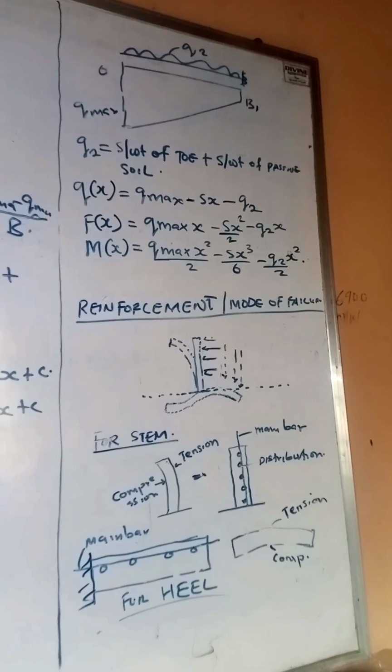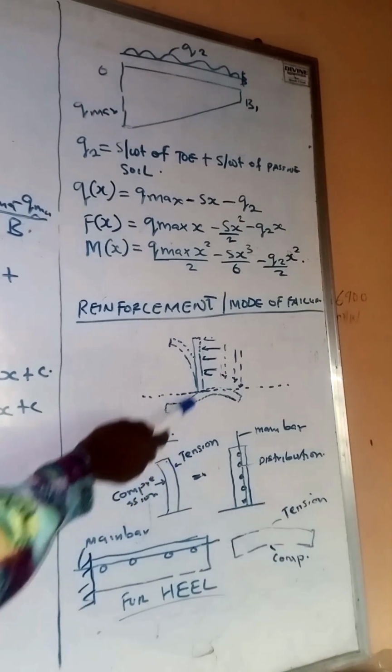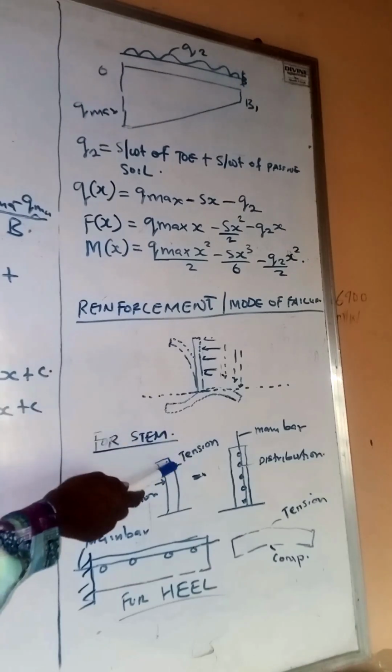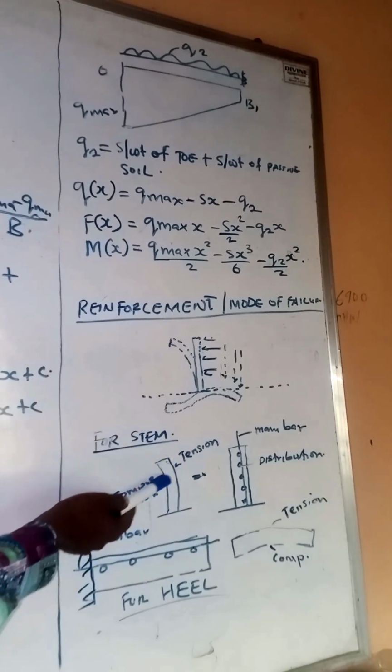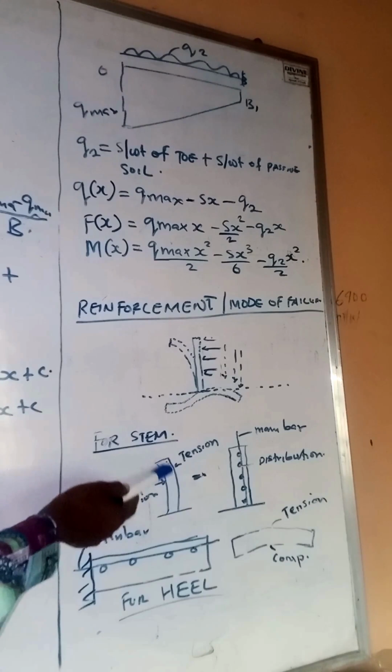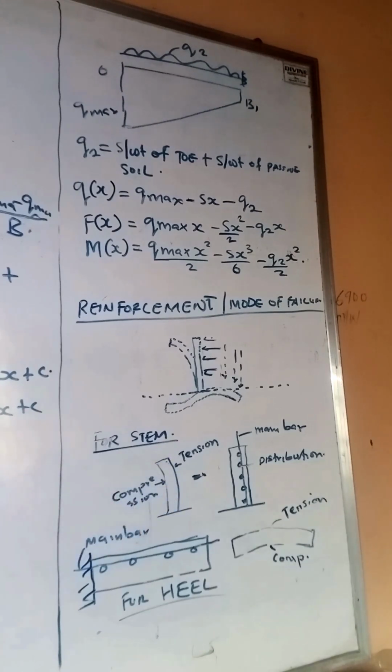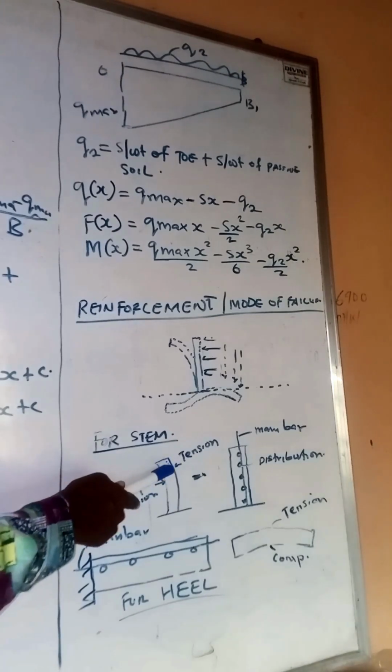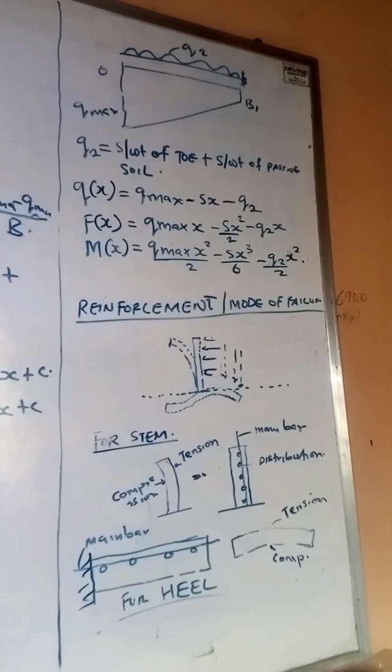So for the stem, the zone where we have the active soil is the tensile zone, the zone under tension. Our design of that stem is to take care of the tension zone, while the other side will be under compression.